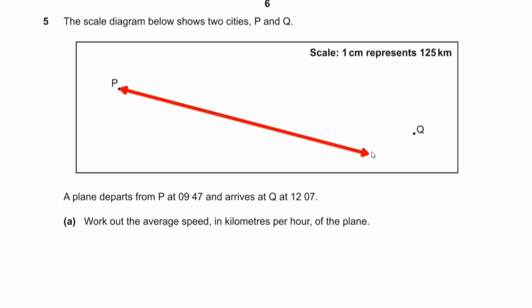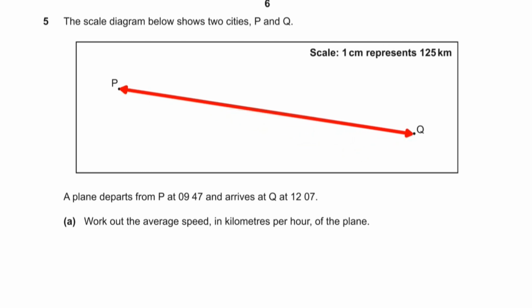If we measure the distance from P to Q, what you will find is we end up with 11.5 centimetres. And what we can do is use this scale to help find the actual distance.